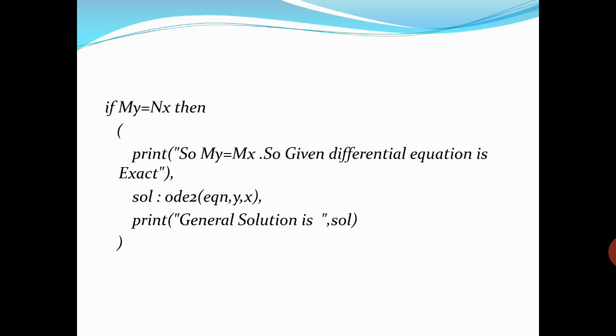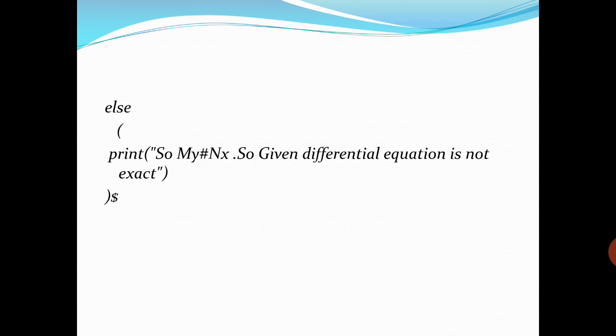Close the bracket and again close the bracket for the if statement. If My is equal to Nx, we do this loop, otherwise else print in double inverted commas, "My is not equal to Nx, so given differential equation is not exact". Put the dollar symbol lastly.